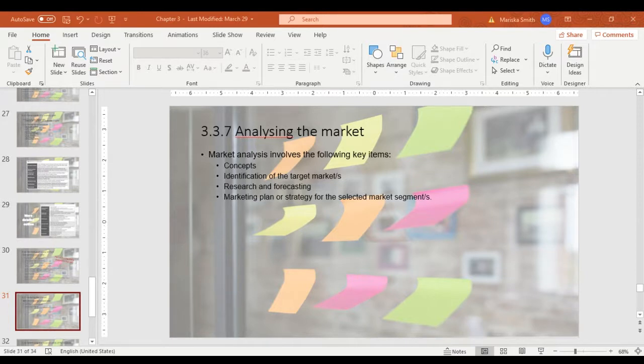Remember in chapter 1, I showed you the LSM. So we have LSM 1 to 10. So 1 is people that have the least number of resources or availability of resources. And then LSM 10 is those that have the most amount of resources or availability of resources.